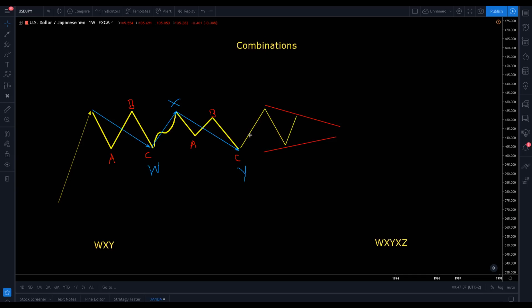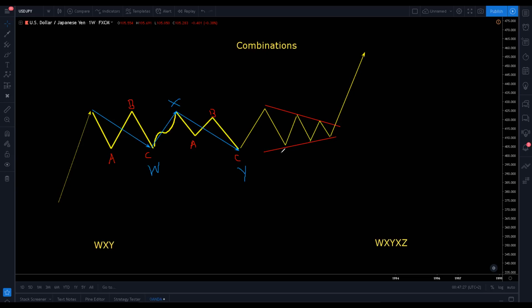Okay, so this is a joint, and then you have your wave A, B, C, D, E. Okay, so only after the triangle you get your move, right?